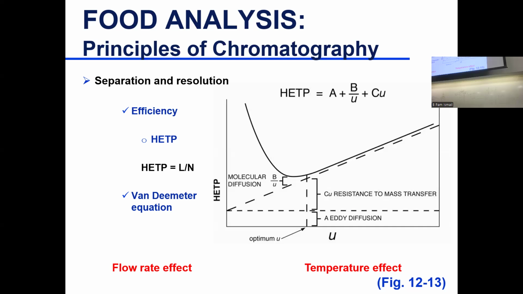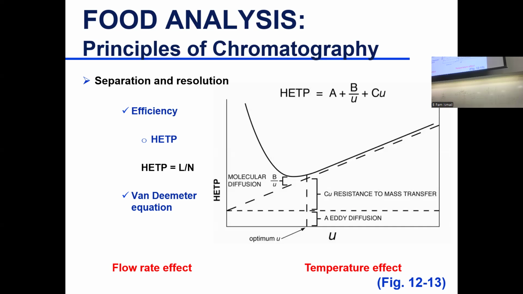And then the last one is transfer factor. It's impacted a lot by the flow rate. So transfer factor is related to going in and out. So transfer, which is C, I'll draw it here.